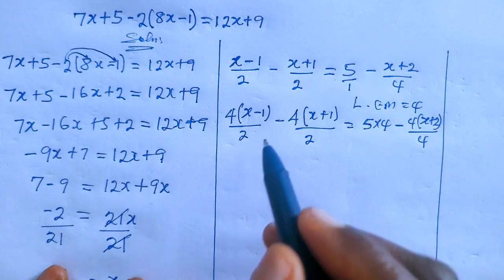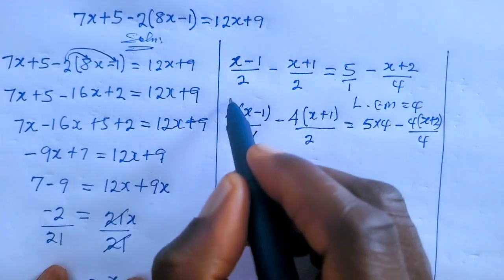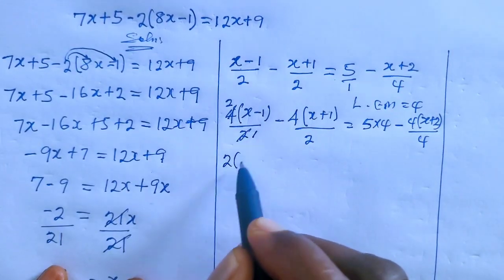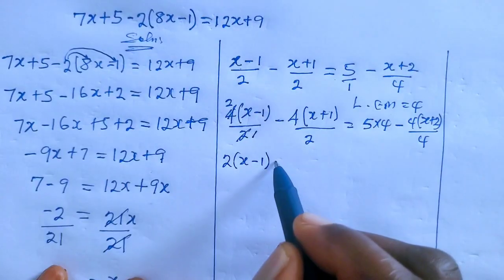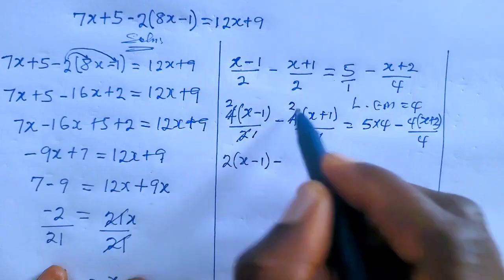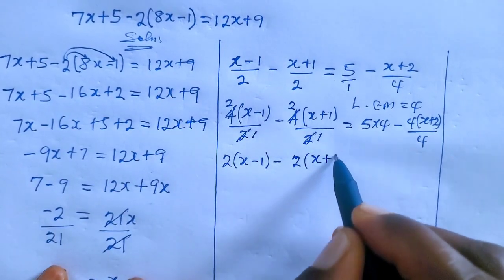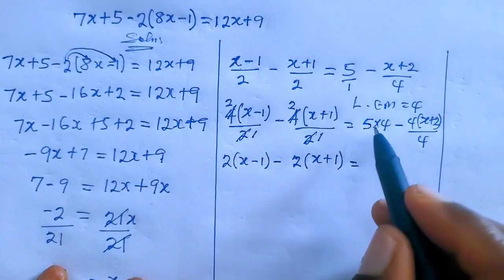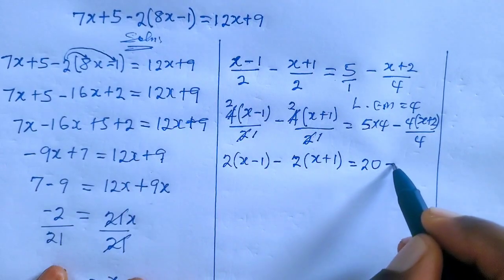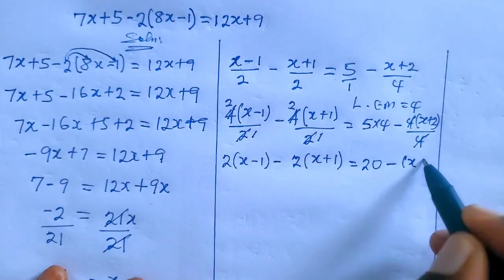And now here 2 would divide 2 once, and 2 into 4 is 2, and we multiply 2 by this expression. We have 2 into (x - 1) minus here 2 eliminates 2, and 2 into 4 is 2. We multiply 2 by this expression. We have 2 into (x + 1), then equals here 5 times 4 that gives us 20, then minus here 4 will eliminate 4, and we have into (x + 2).